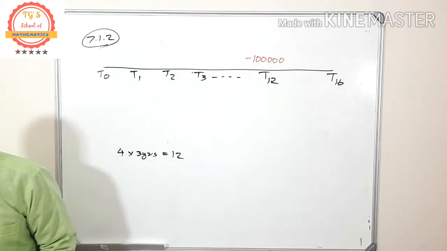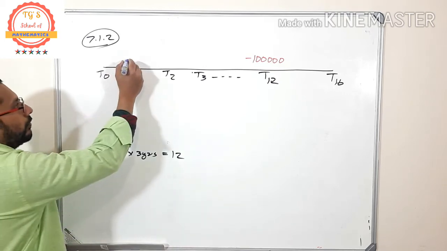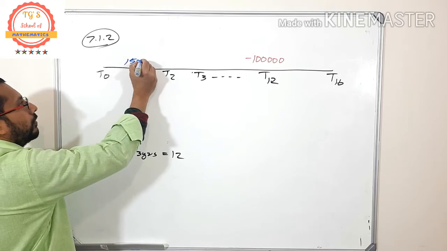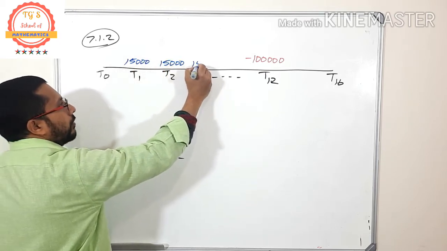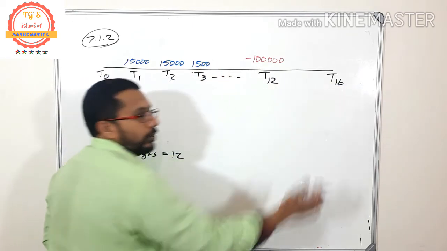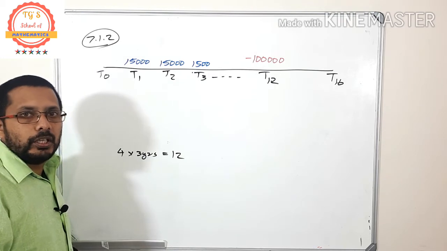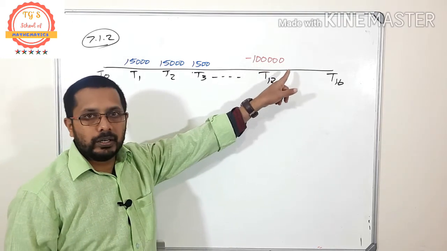Do you understand? She started paying 15,000, a continuation of the previous question, and continues paying up to the 4th year, T16. But at the end of 3 years she withdraws 100,000.